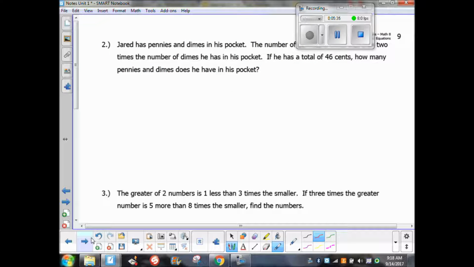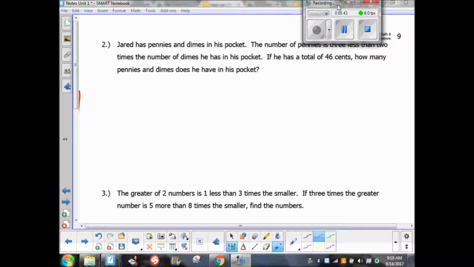Let's flip it. It says that Jared has pennies and dimes in his pocket. So we've got pennies and dimes. The number of pennies is 3 less than 2 times the number of dimes he has in his pocket. Holy smokes.